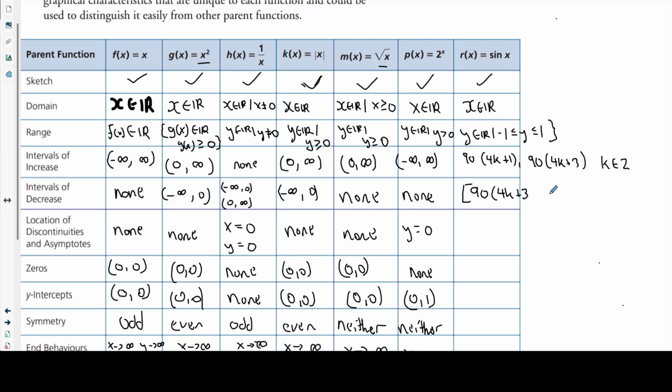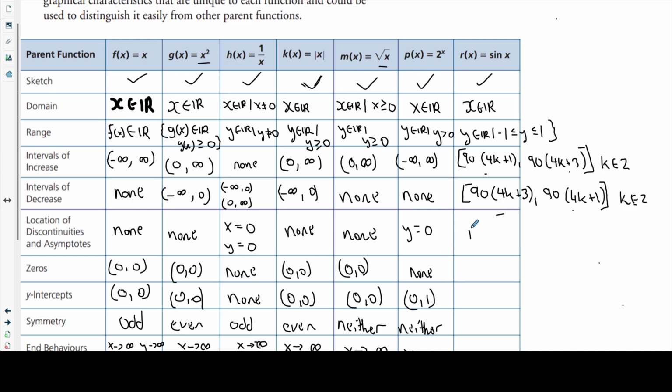No, it's the other way around: 4k plus 3, comma, 2, 90 bracket 4k plus 1. Same thing, k belongs to all the integer values. So from this point to this point, this point to this point, these are all your intervals of increase and decrease.